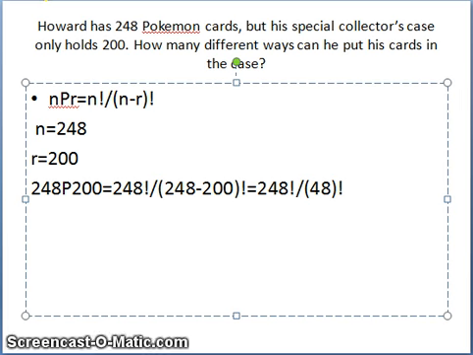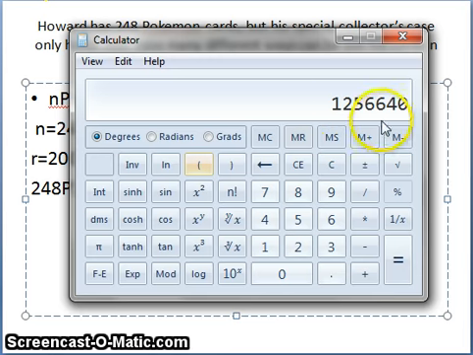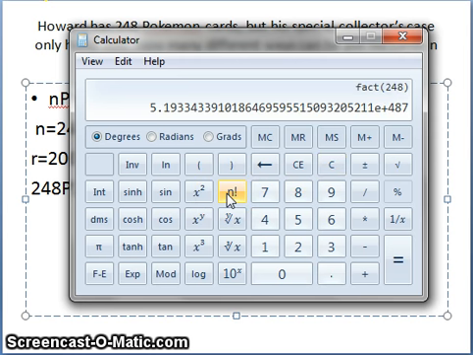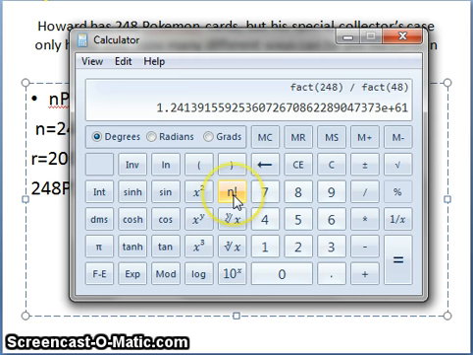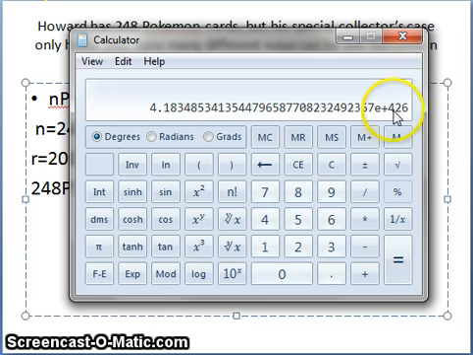Now, this may be too big for our calculator to handle, but hopefully at least you'll be able to see how it gets set up, okay? So we're going to do this in the calculator. 248 factorial. Oh boy, look at that, it's huge. Divided by 48 factorial. Which is still hugely unmanageable.